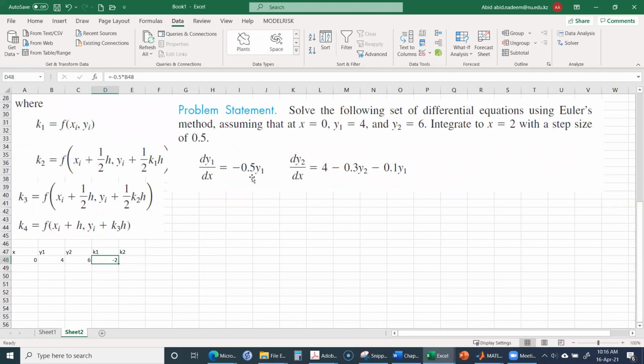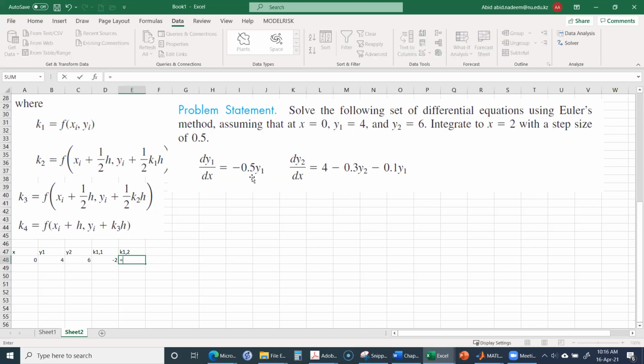So it is K1. Remember that this is K1 of the first equation, and then we also have to find K1 of the second equation.